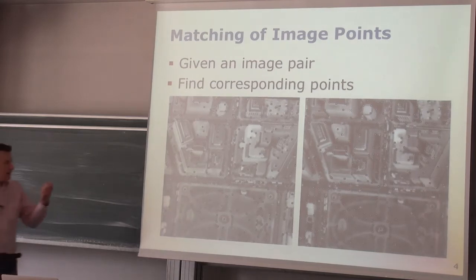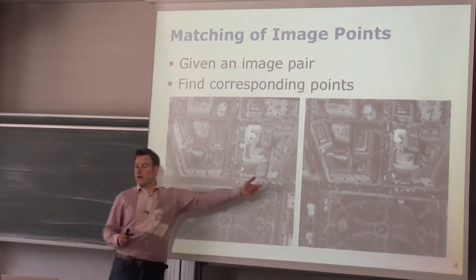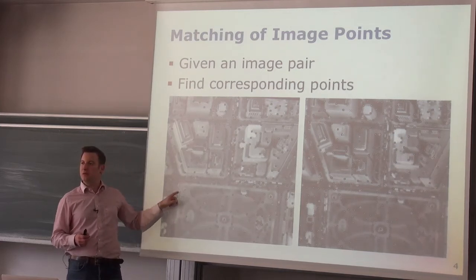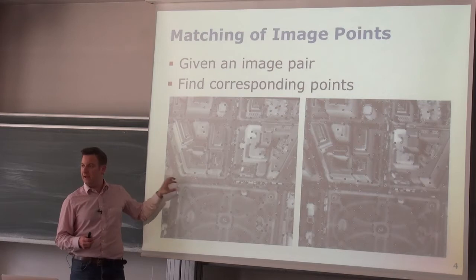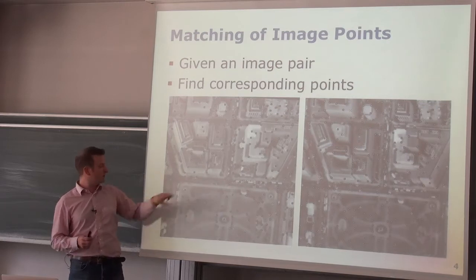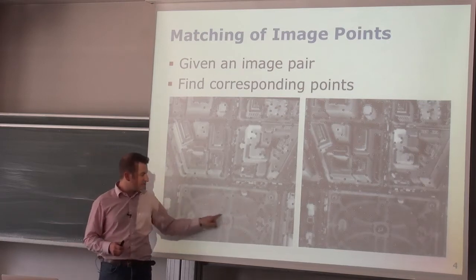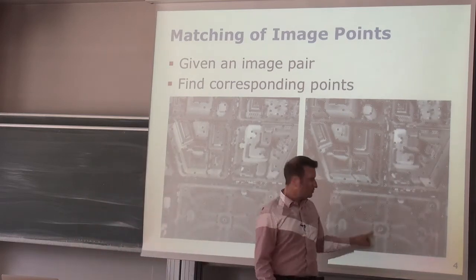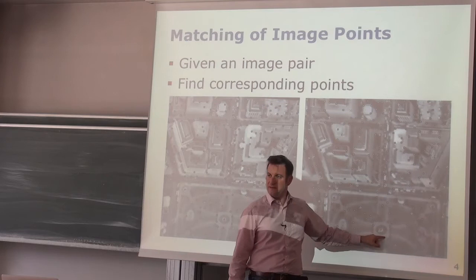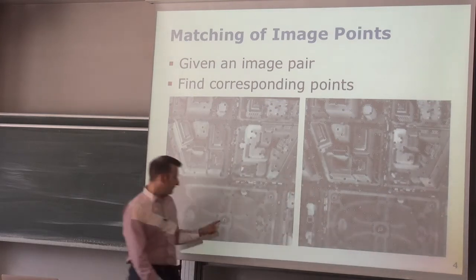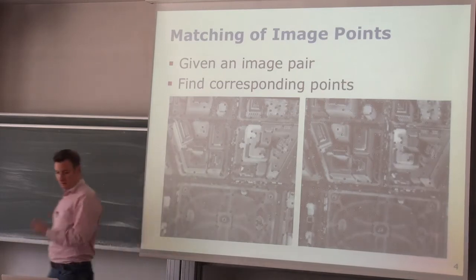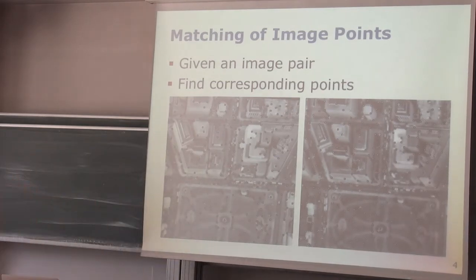To establish such correspondences, I can simply cut out a small area in one image and see where I find this small area in the other image. I could, for example, cut out the fountain here and then search through the whole image until I find it here. And if I find it here, I know that I have a correspondence between those two points. For this, the cross-correlation can be used.